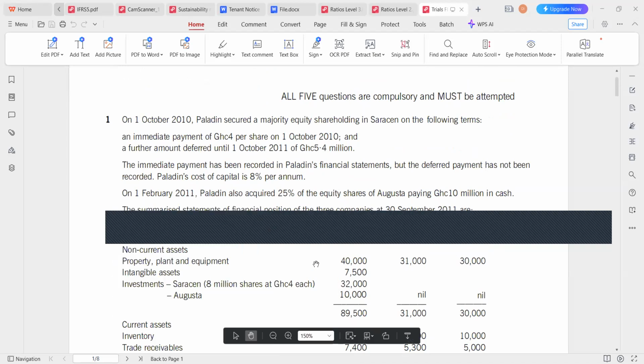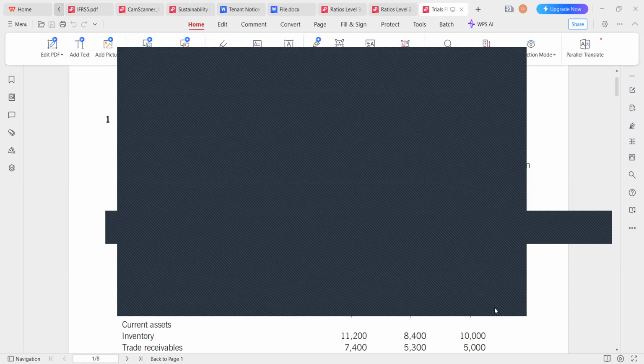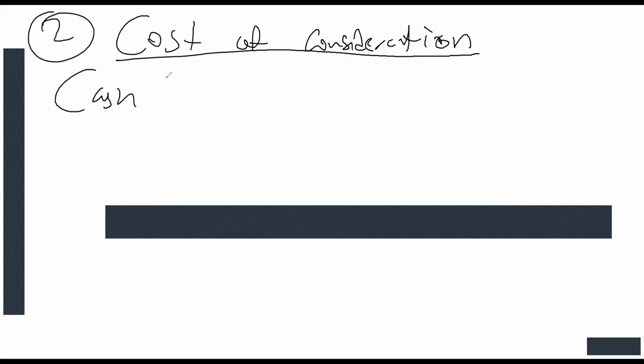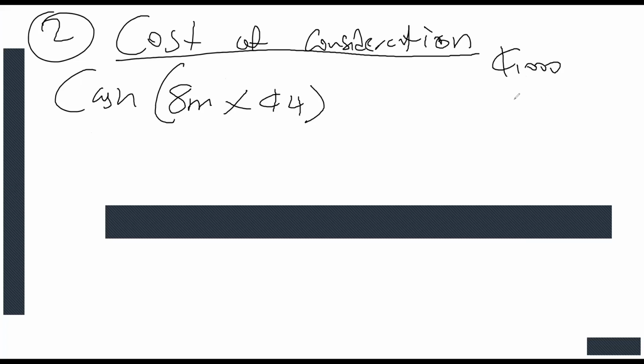So the 8 million shares multiplied by 4 cedis, right? Yes, please. So call it cash. It is 8,000 times 4 cedis, because we have raised 3 zeros. 8 times 4, 32. So that will be 32,000 cash consideration. That's all.